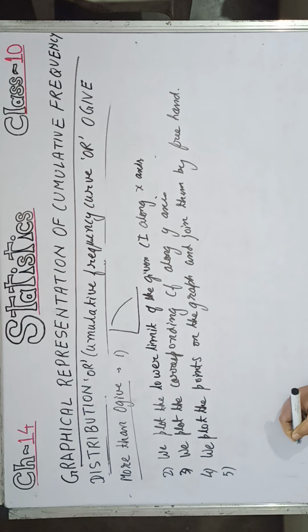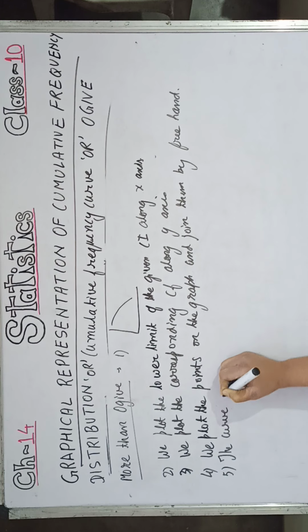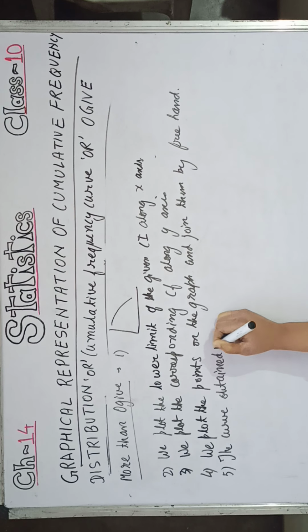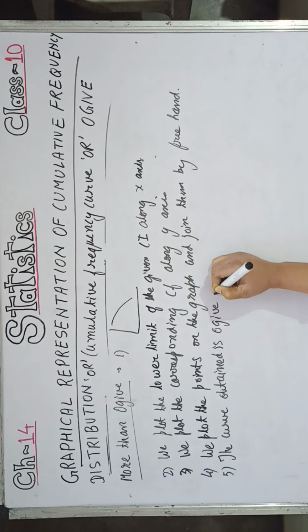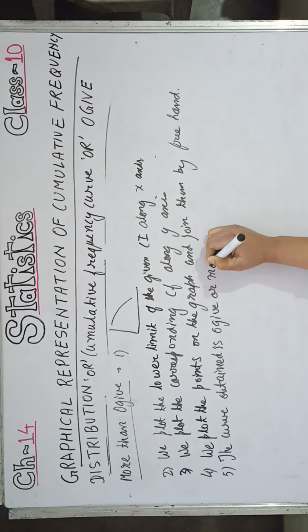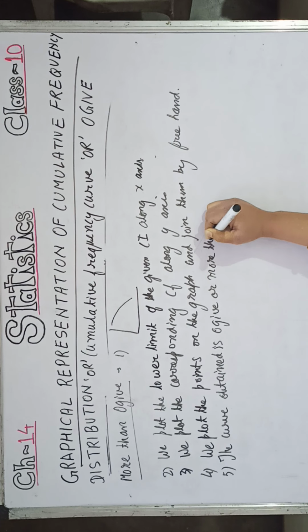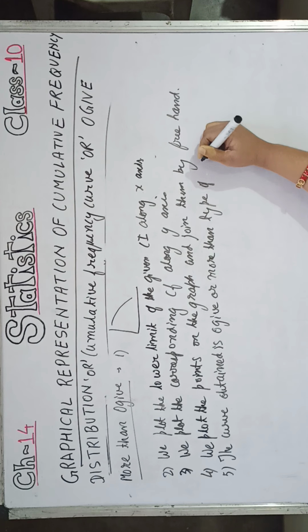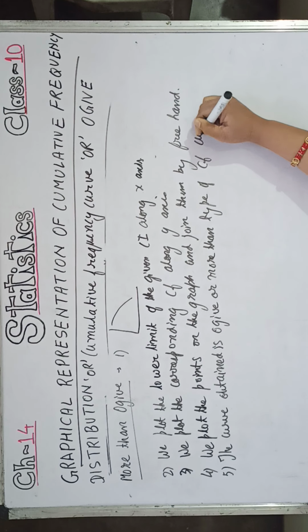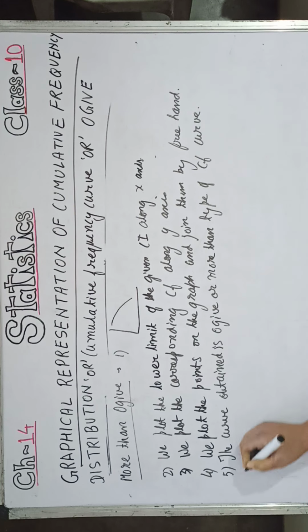Number five, the curve obtained is the ogive or more than type of cumulative frequency curve.